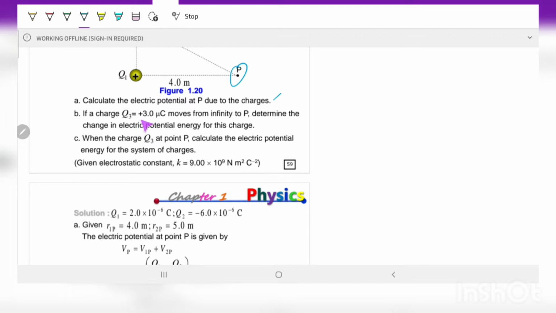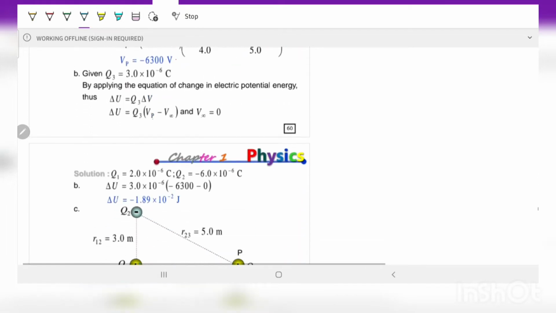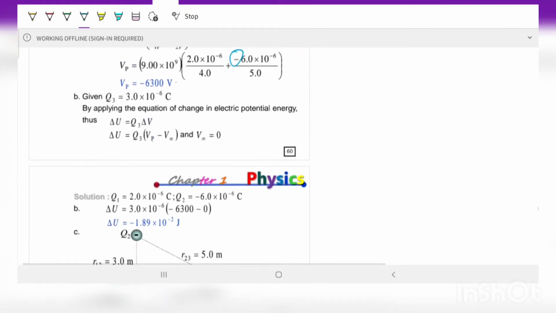Okay, B pula, if charge Q3 is moved from infinity to point P, determine the change in electric potential energy for this charge. So nak tahu delta U. Okay, so daripada definition of formula for delta U sama Q delta V, dan delta V di sini adalah change, dia nak bawa daripada infinity kepada point P. So maksudnya dapat VP tolak dengan V infinity.